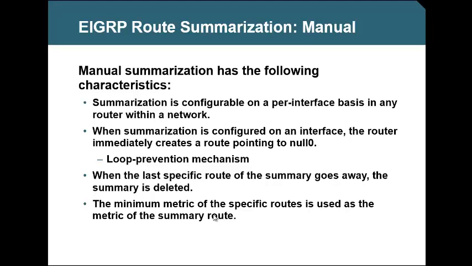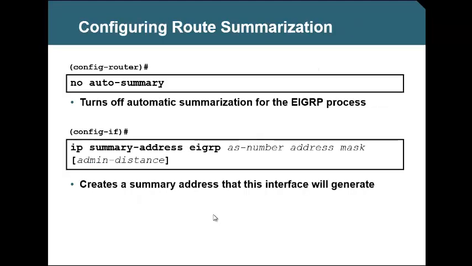Right, if you want to enable or cancel summarization, we use auto summary. To cancel, you put no auto summary in router mode. That will impact all the neighbors globally. And if you want one particular neighbor to summarize, you need to go under the interface and put this command as we did in our lab.